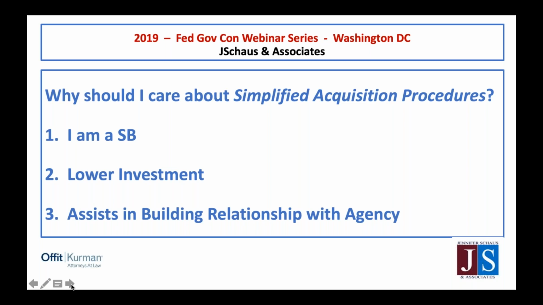If the good or service that you provide can be provided within the financial thresholds that we've talked about here today, the cost to bid or submit a proposal is much less than it otherwise would be. You don't need a proposal team to make an offer to the government or to respond to an RFQ. And if you can get a foot in the door, which this in part can help you do, it can assist in building a relationship with an agency.